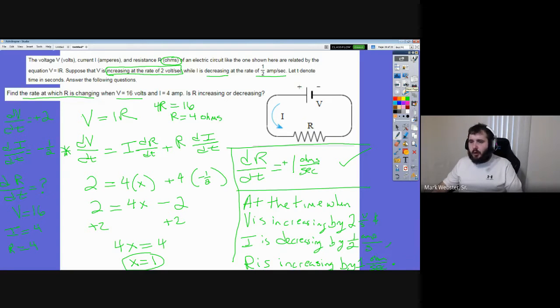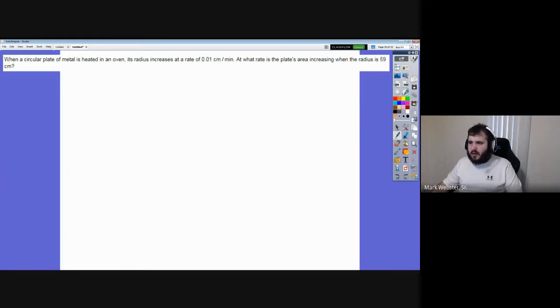I think we've got like 3 more. When a circular plate of metal, so again, right off the bat, they tell you exactly what you need to know. Circle, right? Circular plate of metal is heated in an oven.